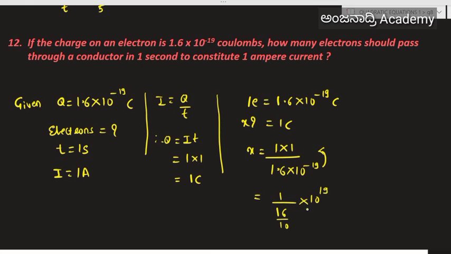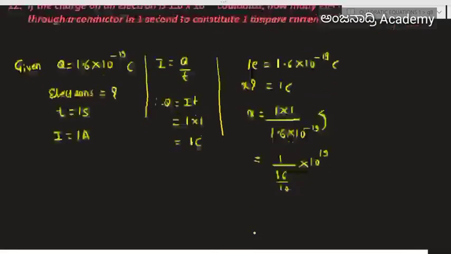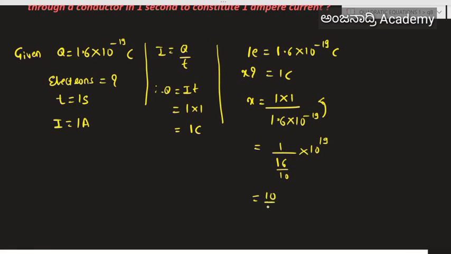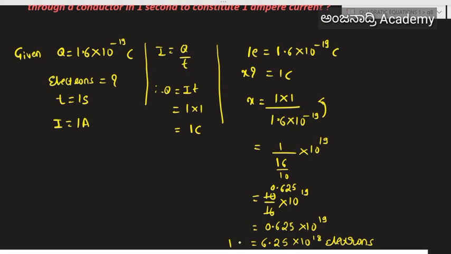It becomes 10 to the power 19. 10 goes to the numerator, 10 divided by 16 into 10 to the power 19. 16 ones are 16, 16 sixes are 96, 4 remains, 16 twos are 32, 8 remains. 6.25 into 10 to the power 18 electrons are there in 1 coulomb of charge. This is the answer for the given question.